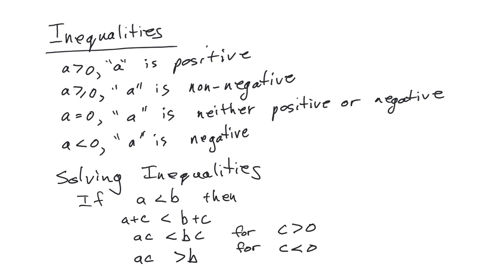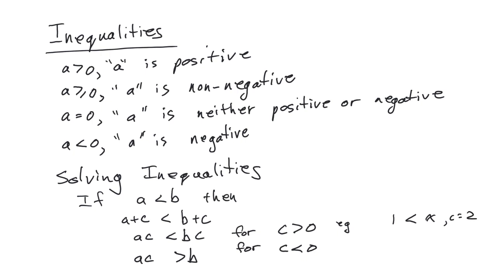So here's an example. Suppose I have 1 is less than X, right? And I have C being bigger than 0, but instead I say C is equal to 2.